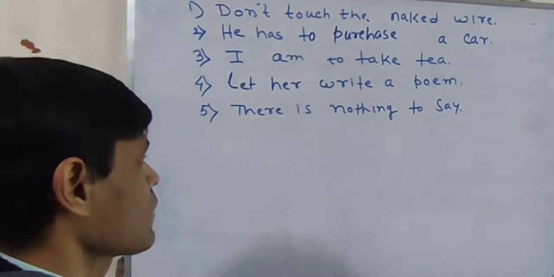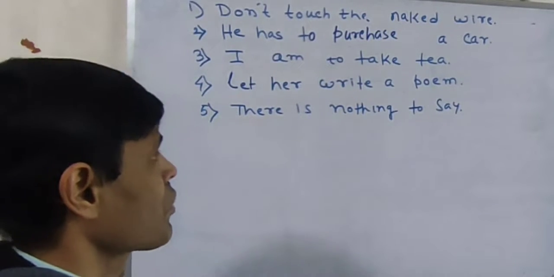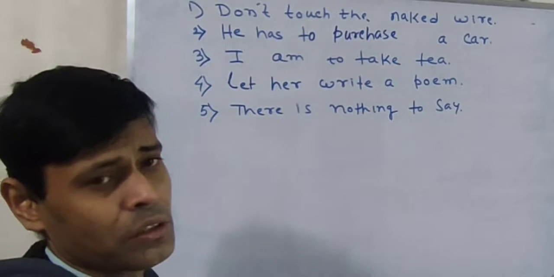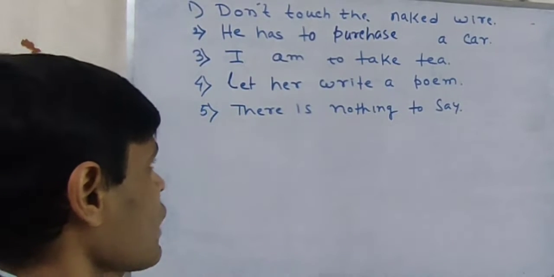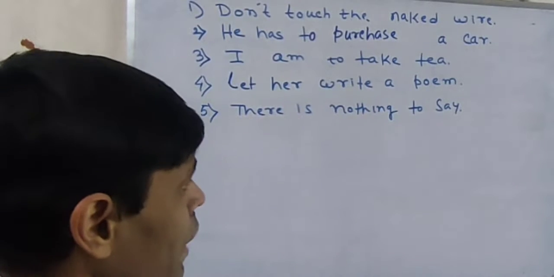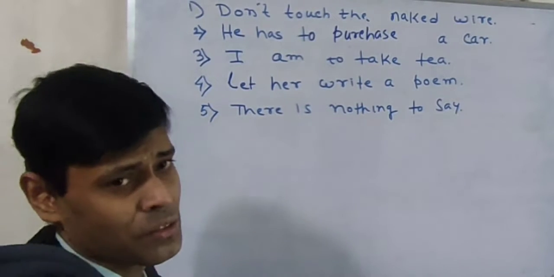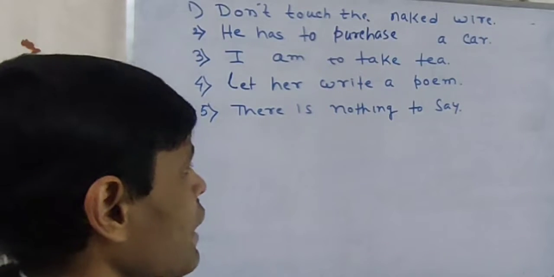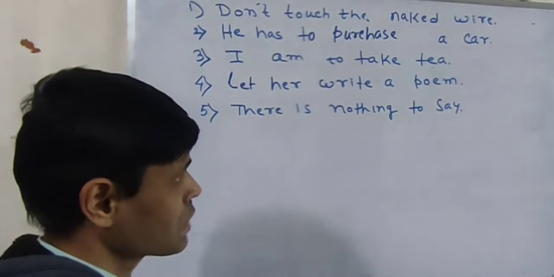So when the subject is not written or is understood in the sentence, and some kind of advice or order or request is implied, the sentence should be taken as an imperative sentence.